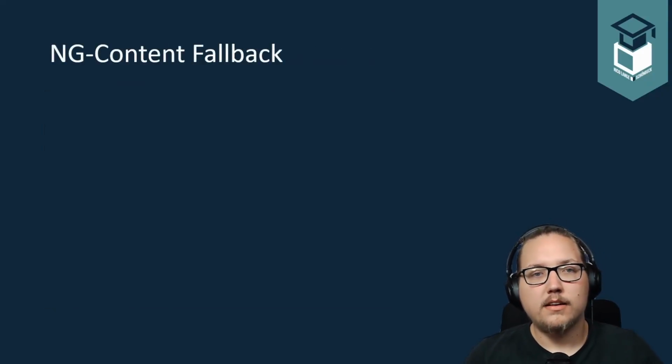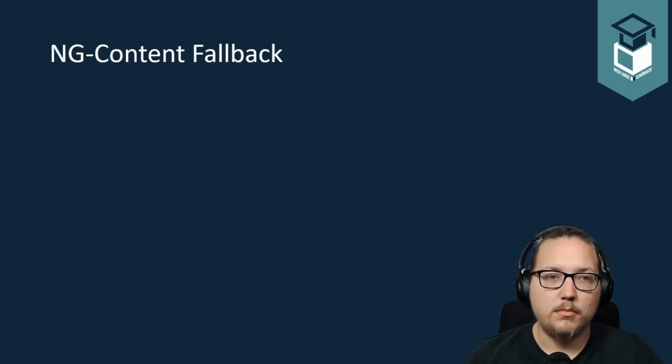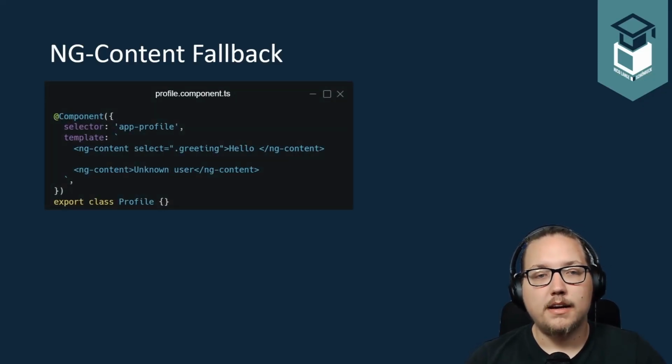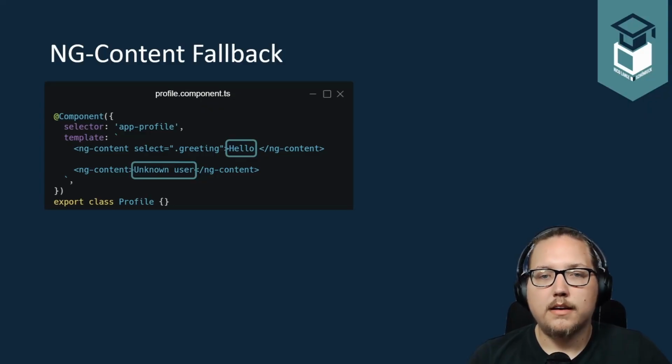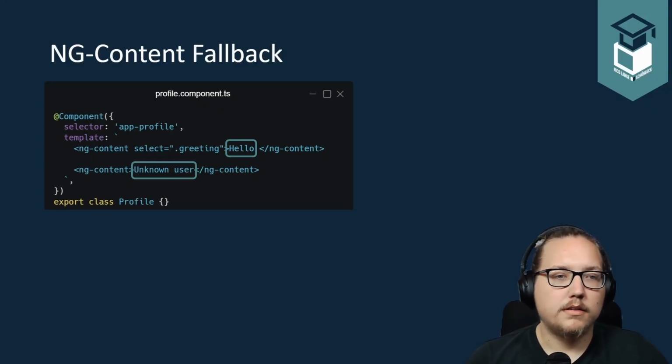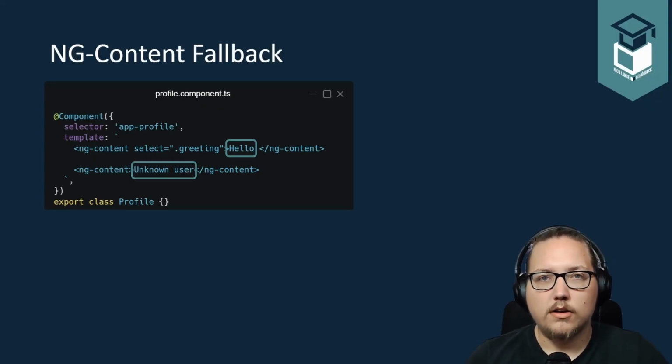Lastly, we will take a look at the NgContent fallback. Here I have an example component that has two NgContents, one of them using the select class greeting, and inside of that you can already see there's a hello. This part, the hello and the other NgContent, the unknown user, are the fallback if the parent is not providing an NgContent for them.